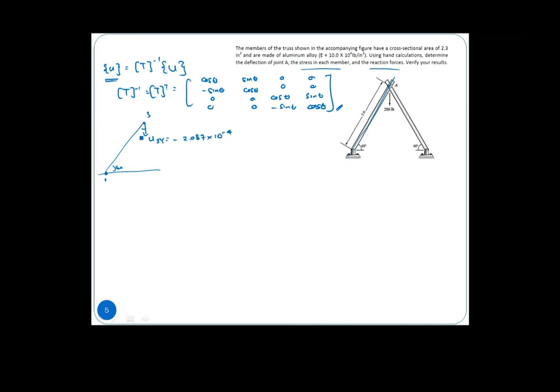So here will be 30 degree, and here is our y and x. So if we can find its u3x in this case at this particular point itself, then probably we can find the stress. All right.